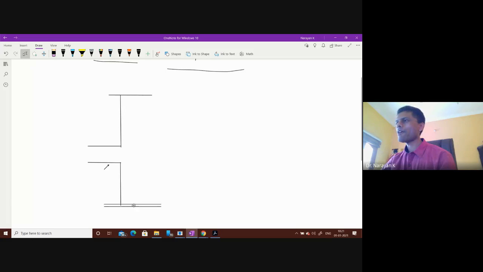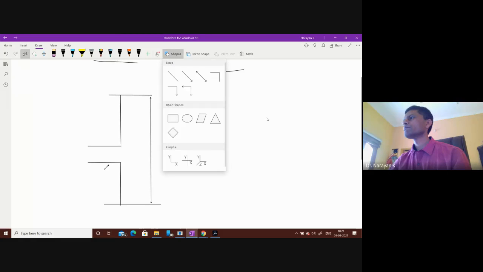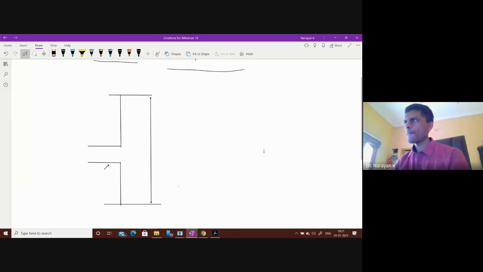I'm trying to draw it to the best of my ability here in the online platform, so please bear with me. This is your transmission line. This is your dipole element, and this thickness is D, the thickness of the wire.